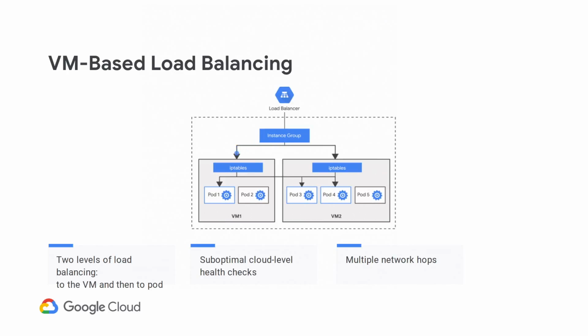This obviously leads to suboptimal load balancing, considering there are two levels of it: one at the node layer when it reaches the first node, and one when it actually reaches the pod which serves your request. You also get suboptimal health checks which work at the VM layer, and you can clearly see that there are multiple network hops.